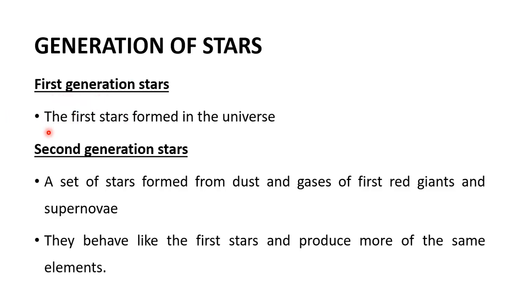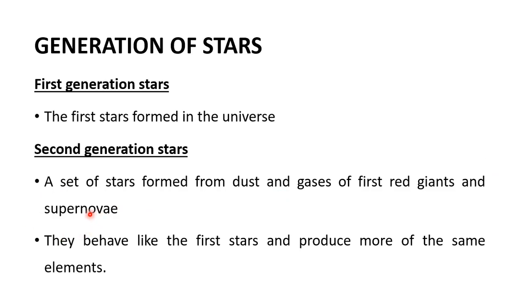The second generation stars are the set of stars formed from dust and gases of the first red giants. So the first generation stars include the red giants and the supernova.